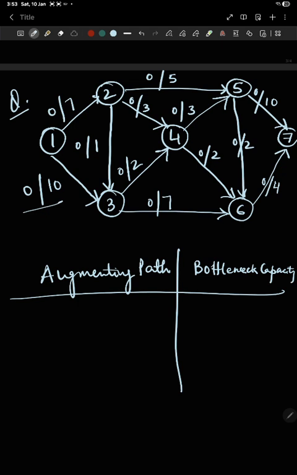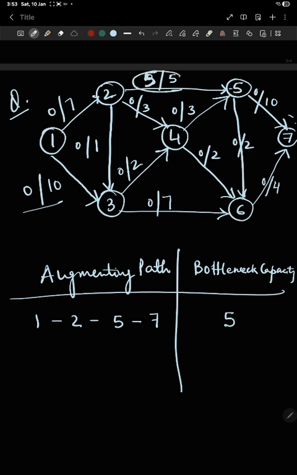The first path we'll take is 1, 2, 5, and then 7. Now you see, in this path 1, 2, 5, and 7, what is the minimum capacity? It is 5. You'll write 5 here, and write 5 here also.